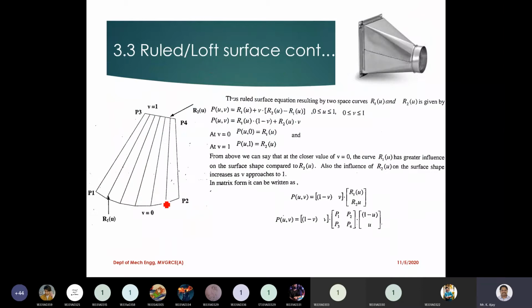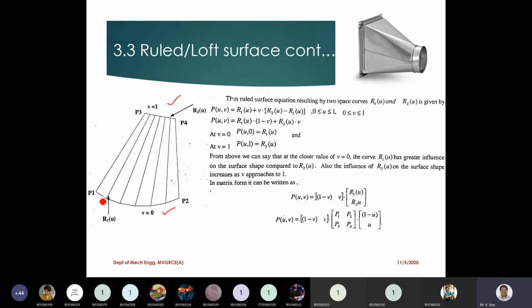So the same thing here we are trying to understand. There is a surface here, there is a curve P1, P2. Between P1 and P2 there is a curve, between P3 and P4 there is another curve. So totally we are using 4 corner points as input for this.